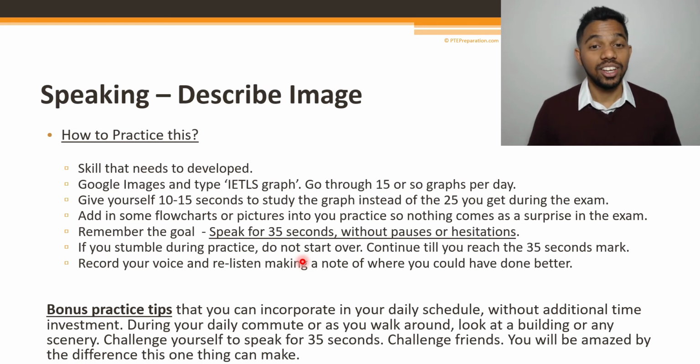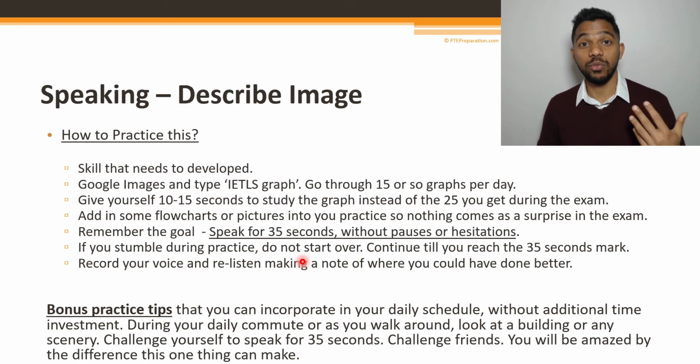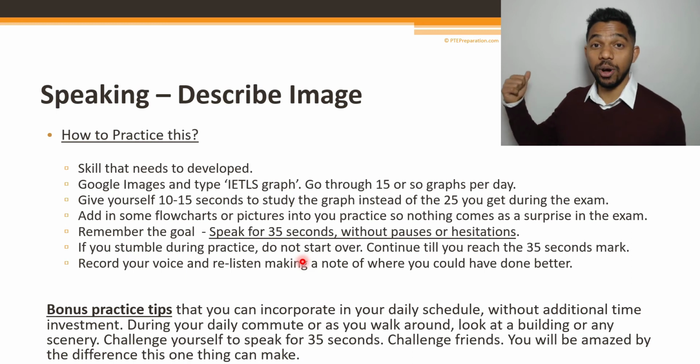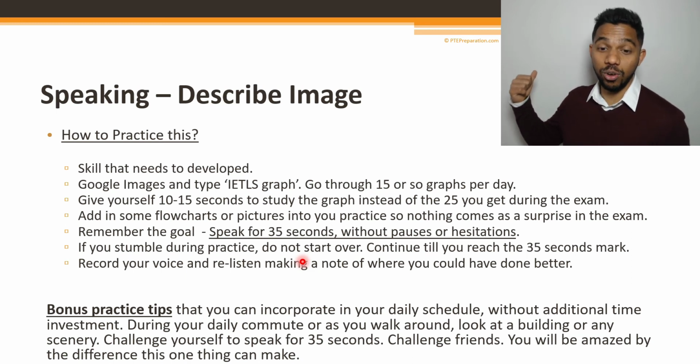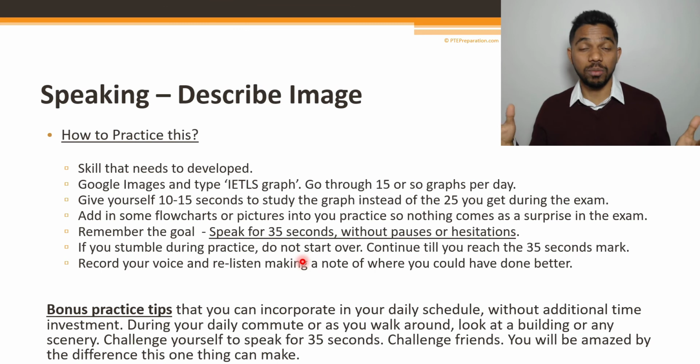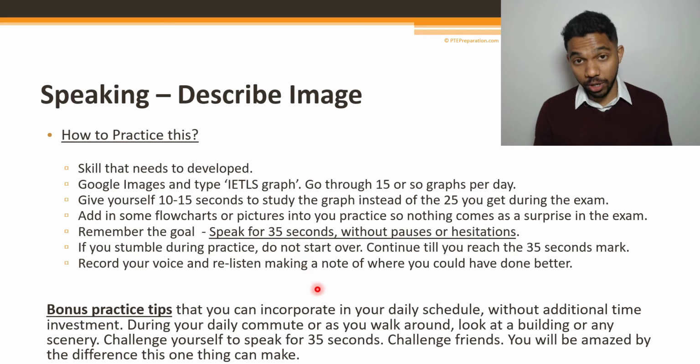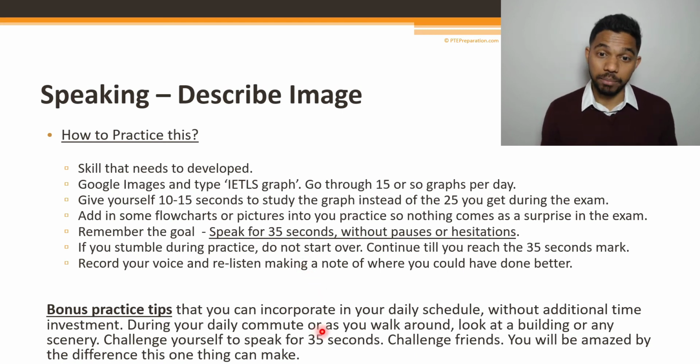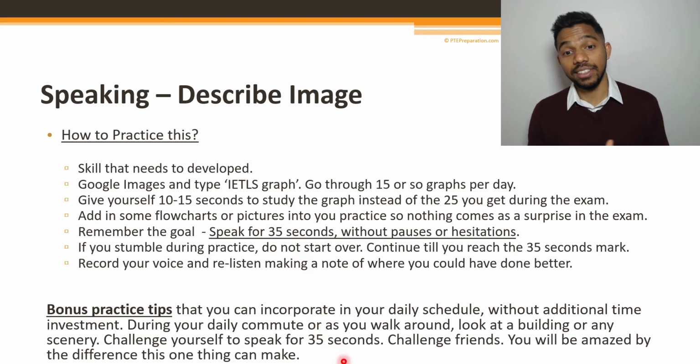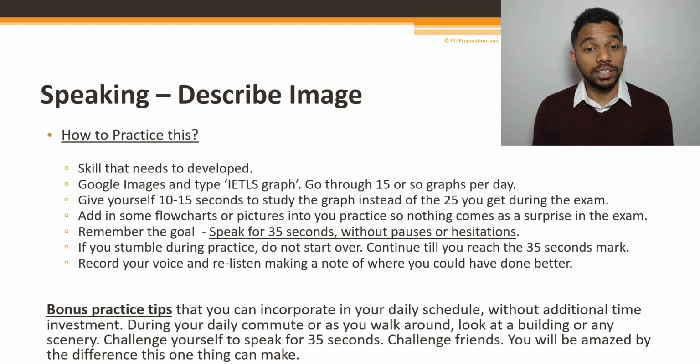And you might think, what do I talk about in a wall? But when you're forced to do that, if you can talk about a white wall or a case for 35 seconds, you're going to be able to talk about any image for 35 seconds as well. It's the same skill that is being used, and you've forced your brain to extract information and talk about things in a short amount of time. So try this out and see how it can work for you.